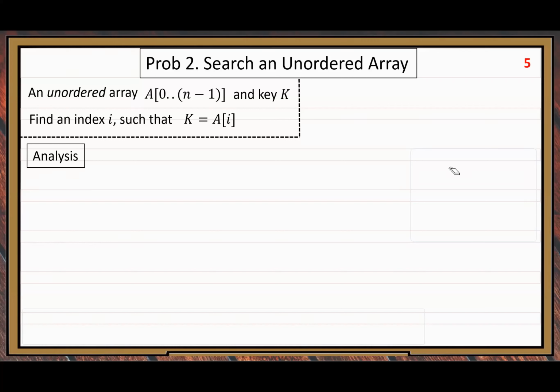Given a search key, it could be in the array or not in the array, right? That's two cases: the search key is in the array or not in the array. But do you know in what percentage of time it is in the array? What percentage of the time it's not in the array?